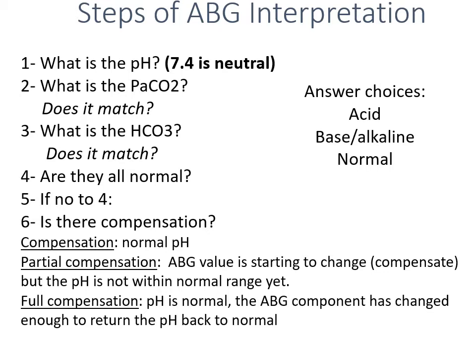Then let's look at the bicarbonate. And is it low or high? If it's low, it's telling you that the acid in your bloodstream, the hydrogen ions, have been consuming some of the bicarbonate to buffer the acidosis. Okay, so we're going to look at pH, CO2, and bicarbonate, and then we'll determine what kind of a condition the patients have. Okay, and lastly, are they all normal?